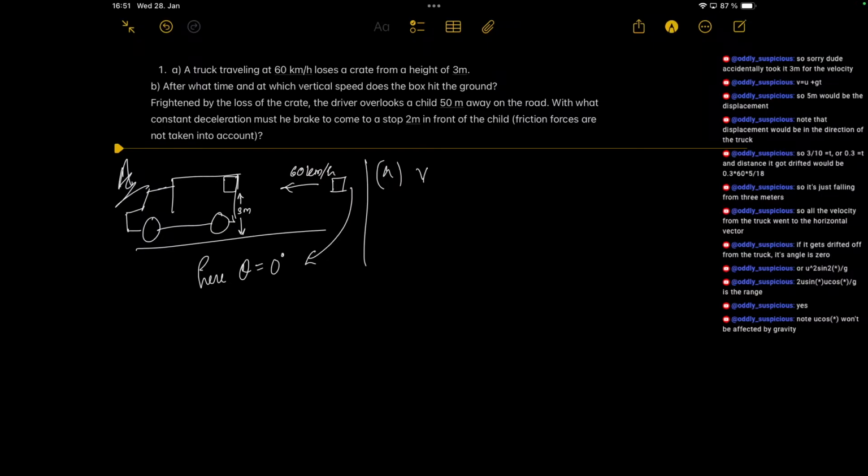Vx equals g, as theta equals 0. Three equals 0.